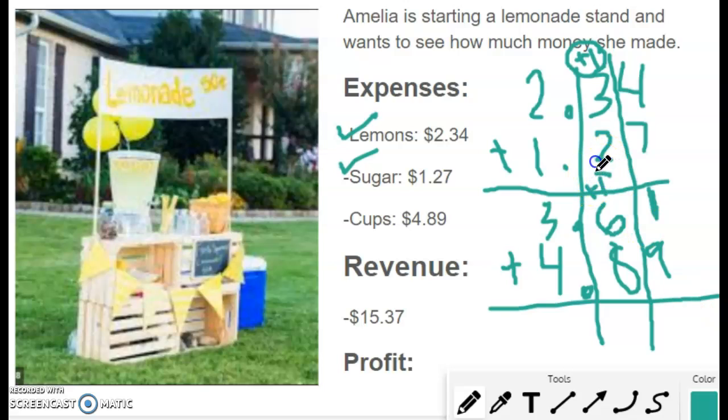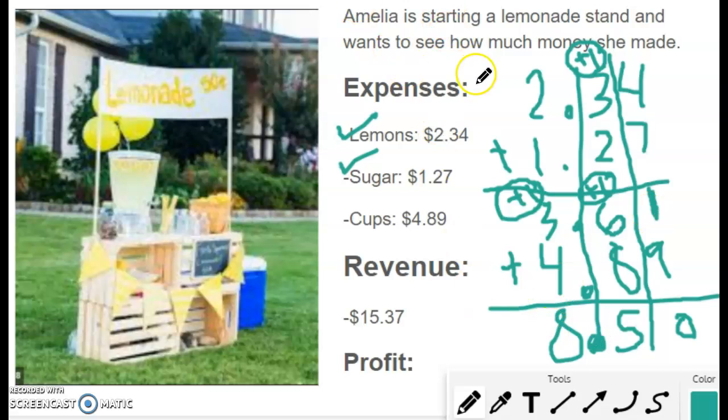So I'm going to write plus 1 here, 0 here. 6 plus 8 is 14, plus 1 is 15. So once again, I'm going to separate that by place value. 3 plus 4 is 7, plus 1 is 8. And I'm going to bring that decimal place straight on down.